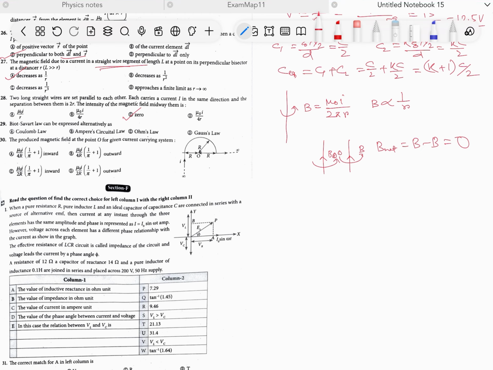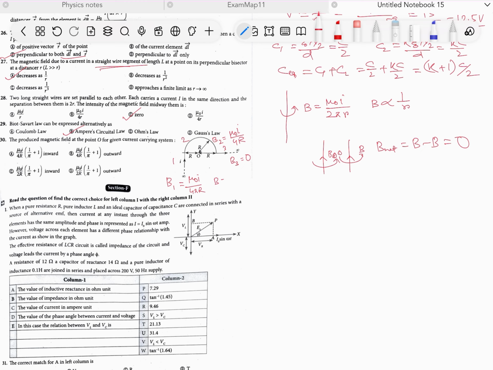Now Biot-Savart law can be expressed alternatively as Ampere's circuital law, and the produced magnetic field at the point O is given. For this we consider this one 1, this one 2, and this one 3. Now B1 is a semi-infinite wire, so we can write mu 0 I by 4 pi R, and this is a semicircular arc, so B2 equals mu 0 I by 4R, and B3 is 0.